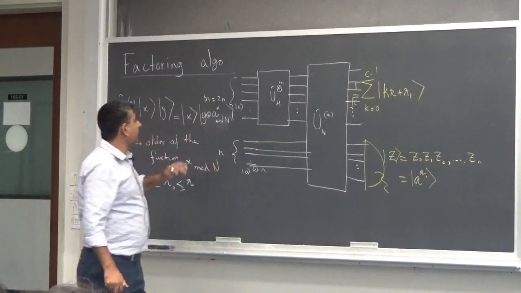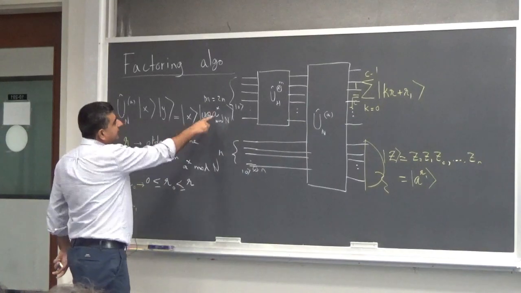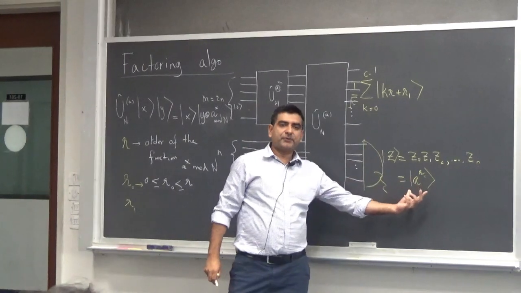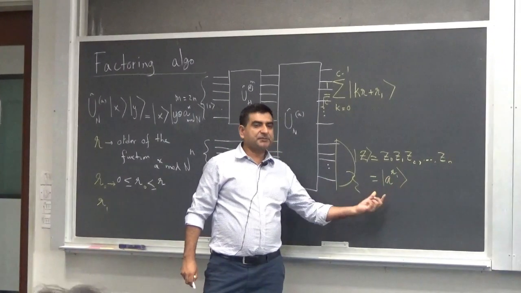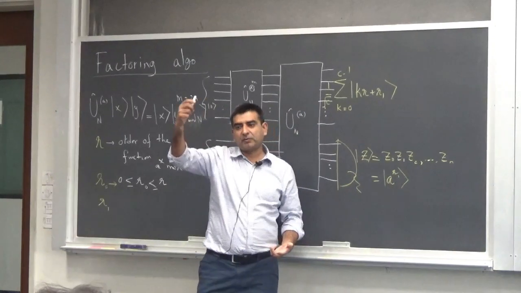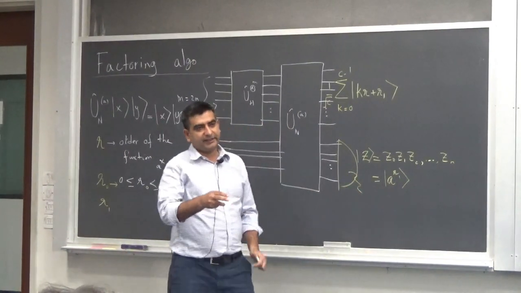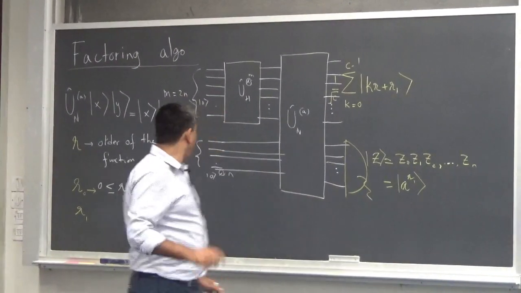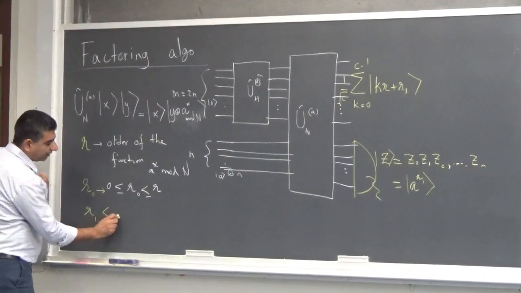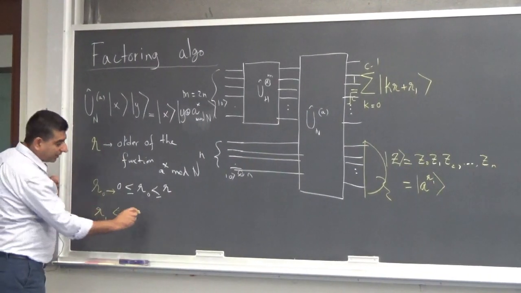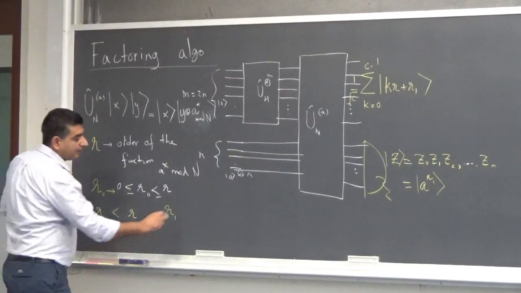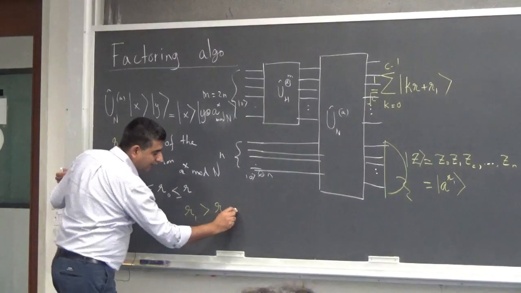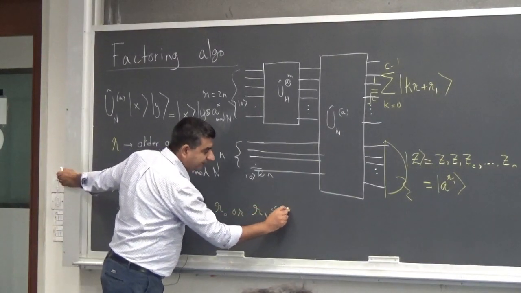Since this is a raised to some power r1, if we measure the second register, it is going to collapse into an integer that can be expressed in this form, a raised to power r1. Now this r1 could be anything. Of course, it's always less than r, but r1 could be greater than this r0, or r1 could even be less than r0.